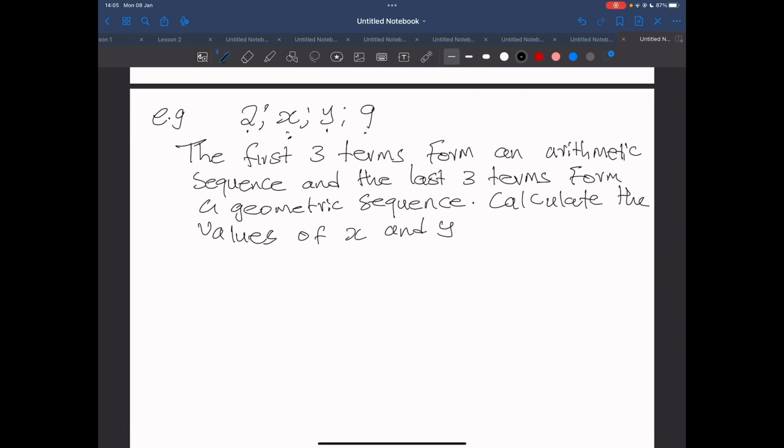Put the arithmetic sequence separately. So the arithmetic is 2, x and y, while the geometric sequence will be x, y, and 9.